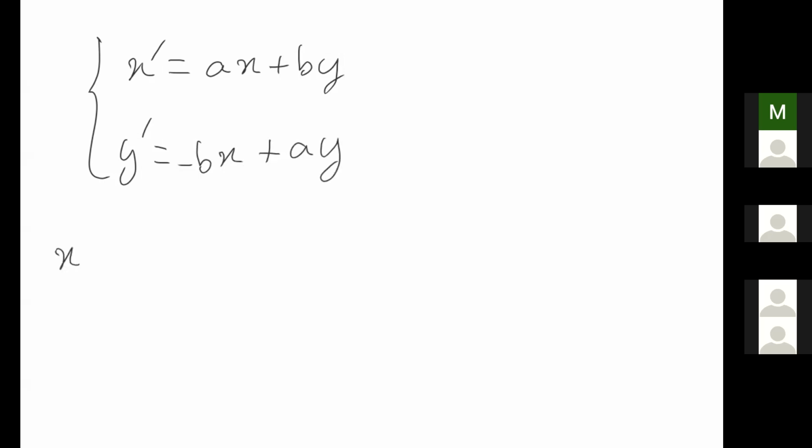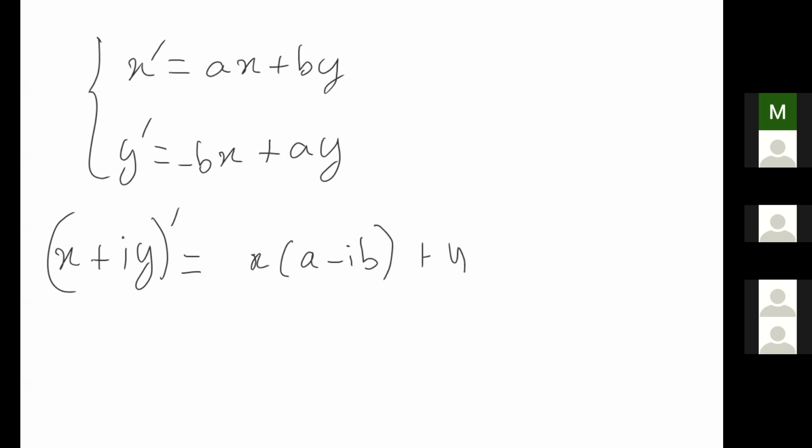And so let's do the same computation as before. So if I have x prime equals ax plus by and y prime equals minus bx plus ay, I can sum up the two and multiply the second equation by i, and I get this. x times a minus ib, plus y times b plus ia.